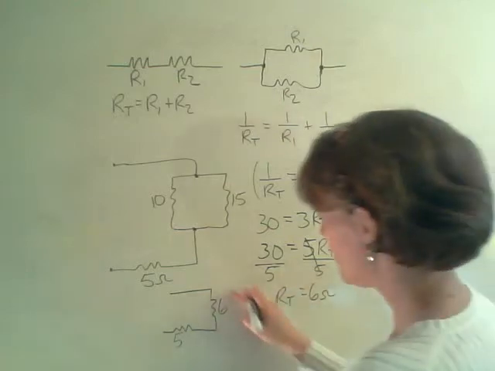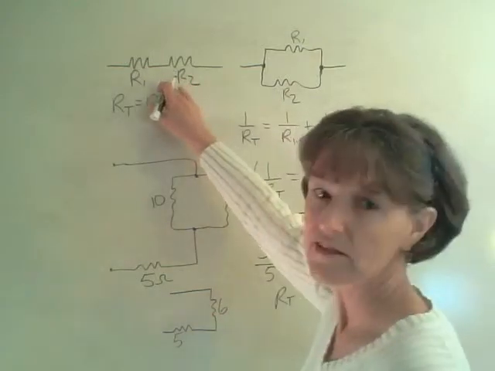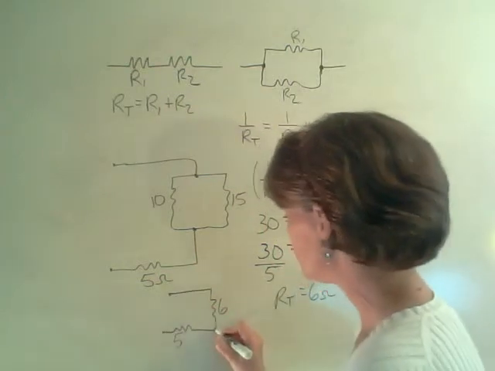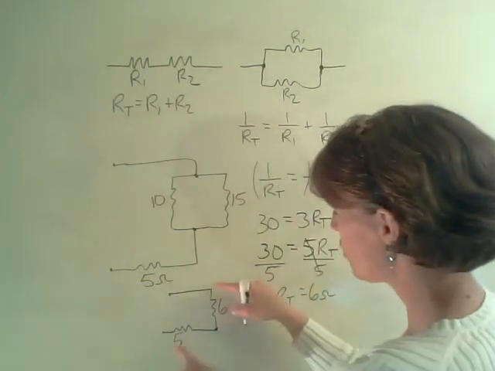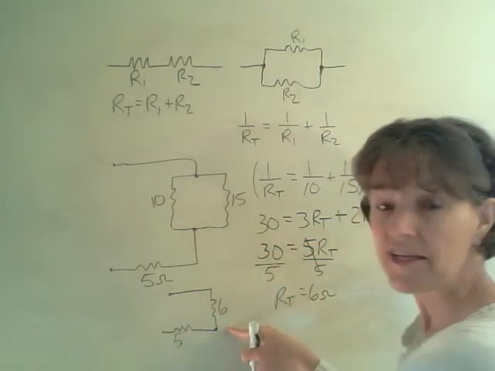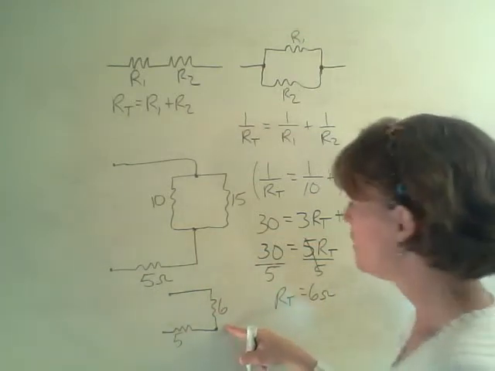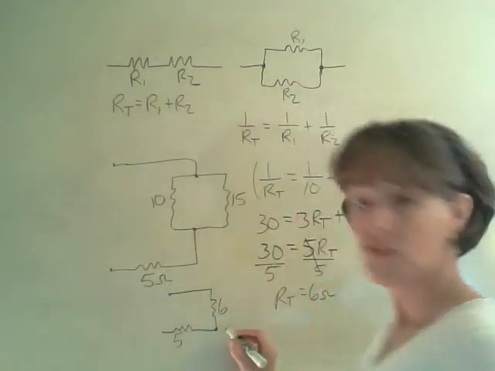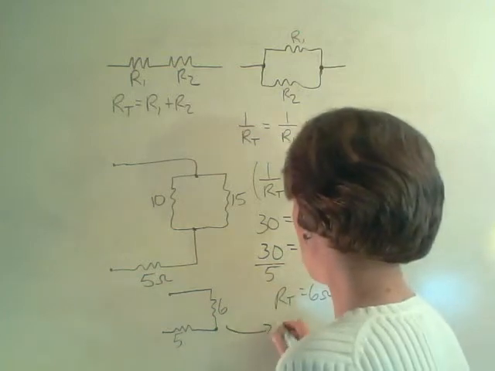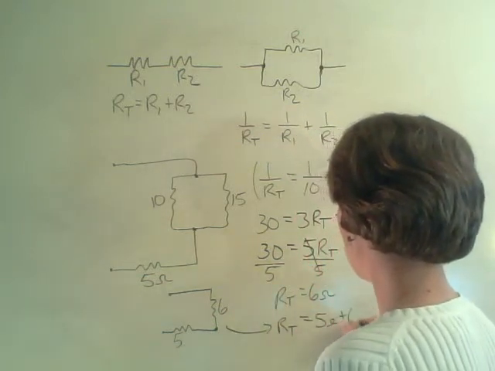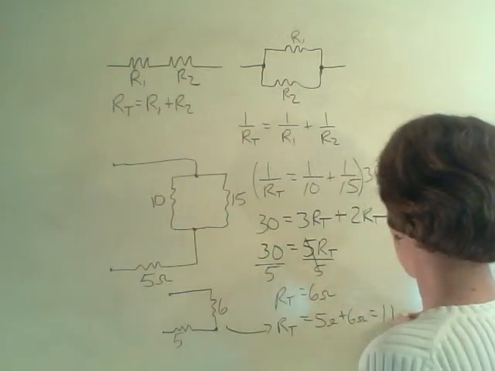So now these 2, even though they don't look exactly like this picture, are connected at just one point. They're not connected on both ends. They're only connected at one end, and nothing else is connected at that point. So these 2 must be in series. If they're in series, then I can add them. So the total resistance for my circuit is 5 plus 6, which is 11 ohms.